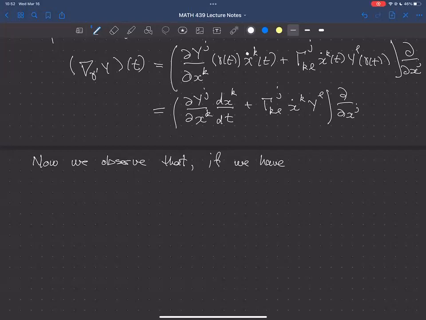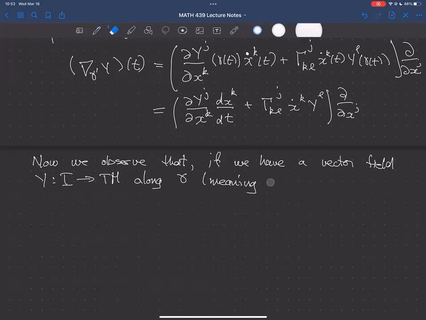So if we have a vector field y along gamma, all this means is that y of t is in the tangent space at gamma of t.